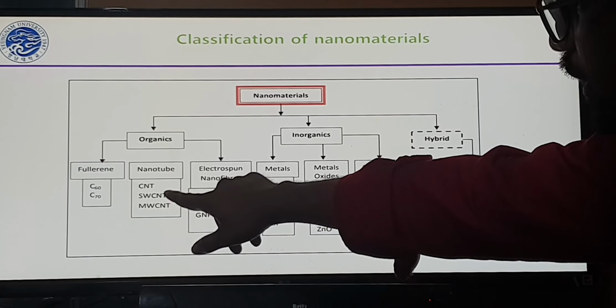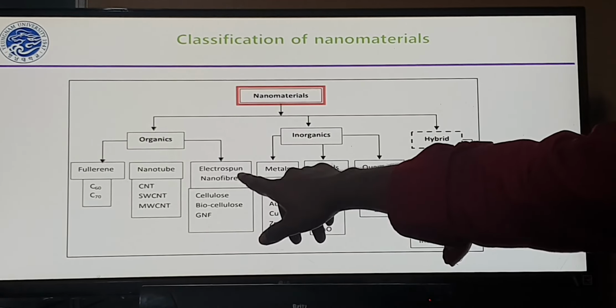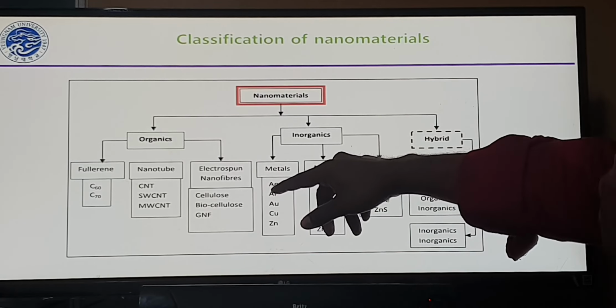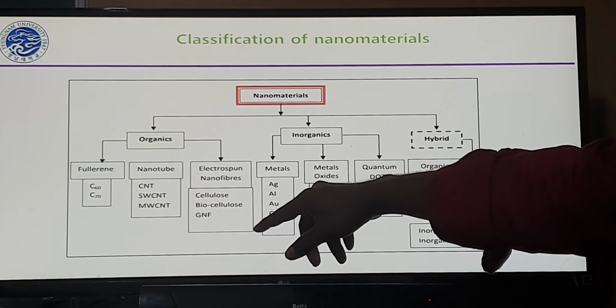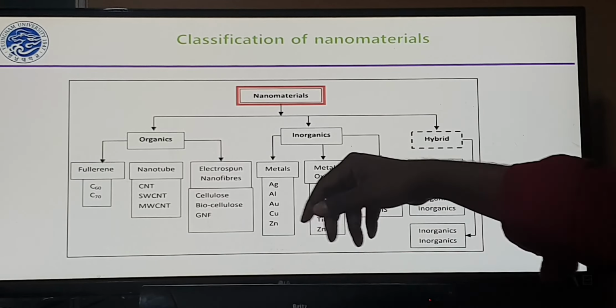These are a very important class of nanomaterials, particularly for mechanical applications. And also electrospun nanofibers, which is one type of nanomaterial preparation technique, used with cellulose, biocellulose, and similar materials.